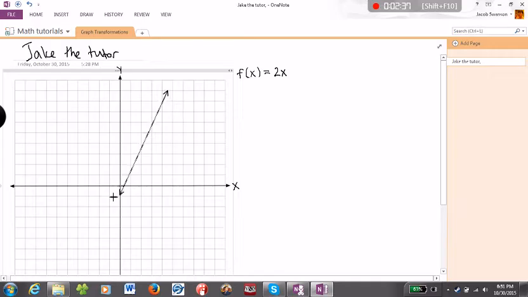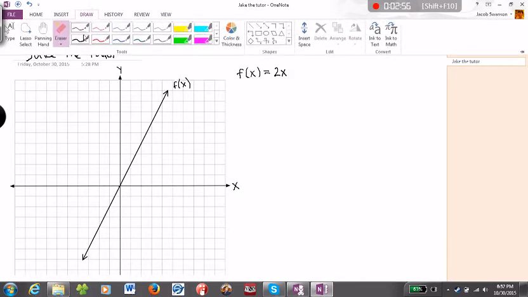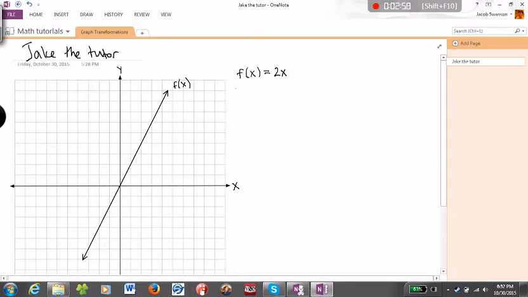In this case it didn't do too bad of a job. That looks like a pretty good line there, and I'm going to label this f of x. Oops, I really shouldn't have put that parenthesis there. Let me erase that. Awesome. So that's f of x, pretty simple.